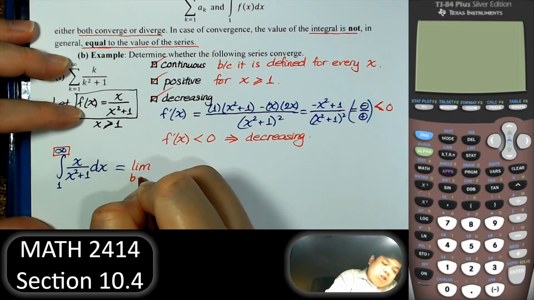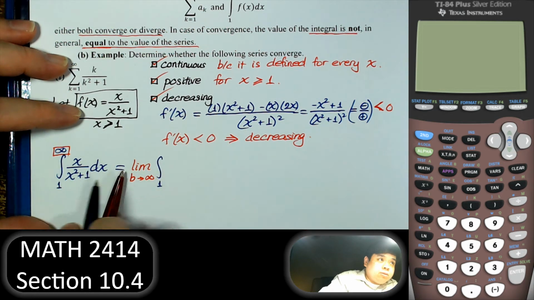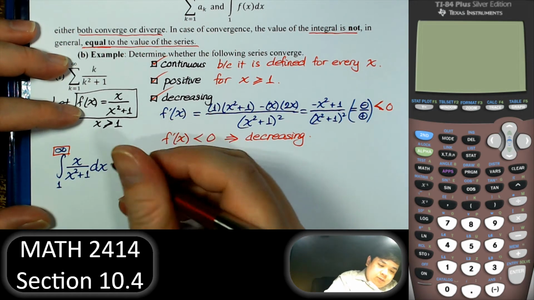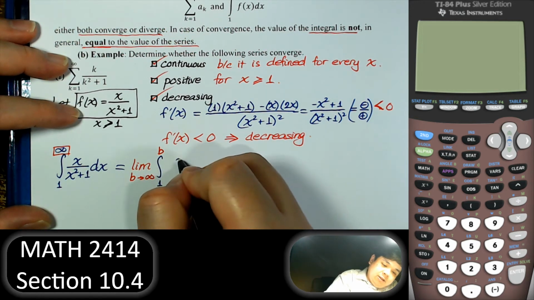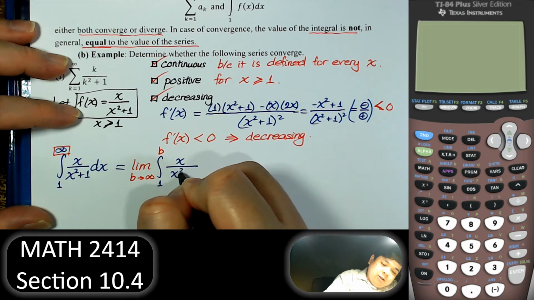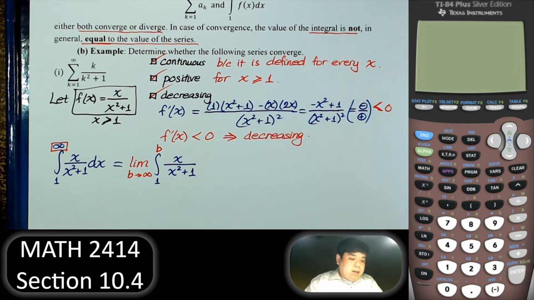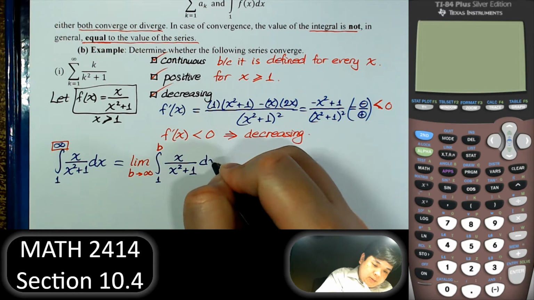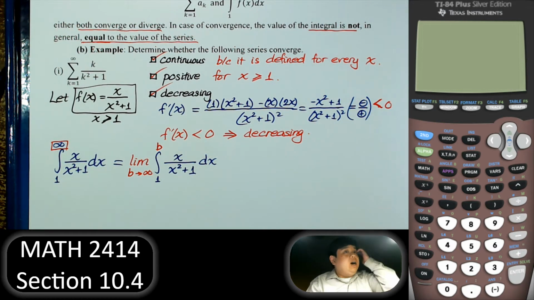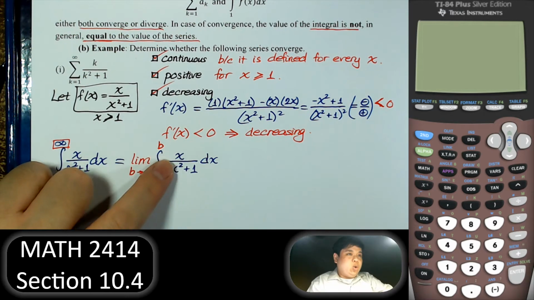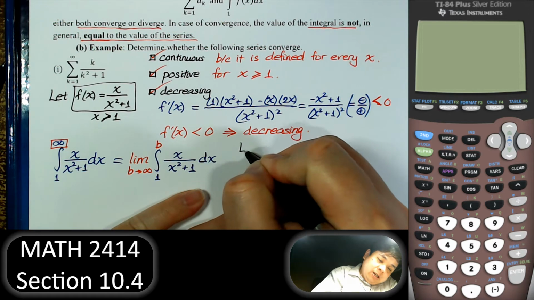Upper limit, so let's use b. For this one, we can do the substitution for the bottom, because when we let u equal x squared, the derivative of that is 2x, which cancels with this x here nicely. So that's substitution.